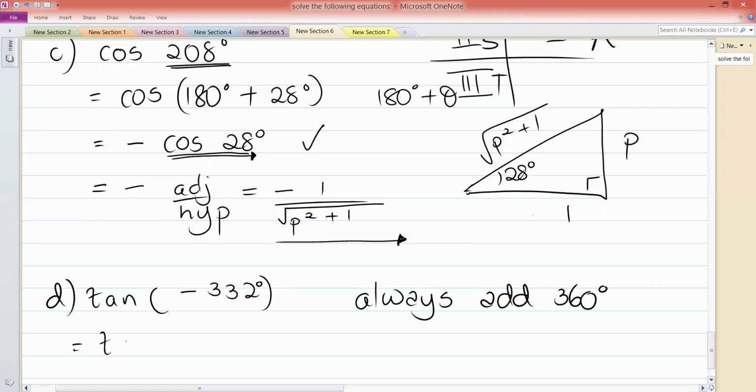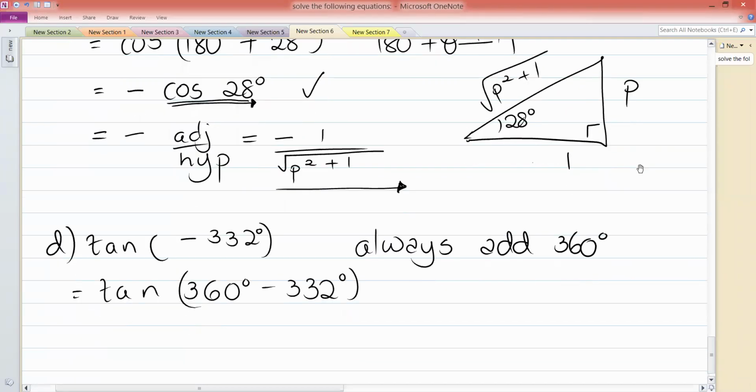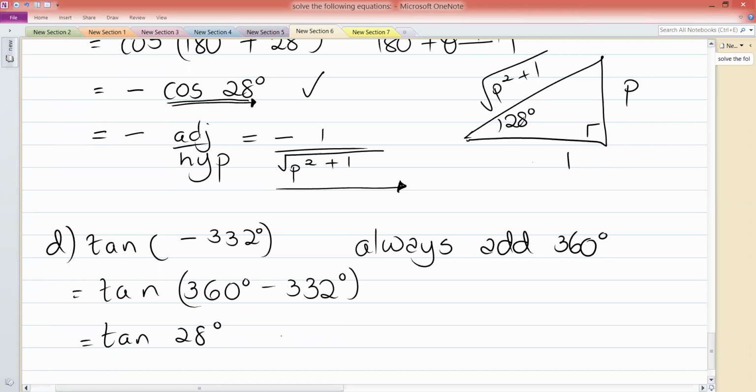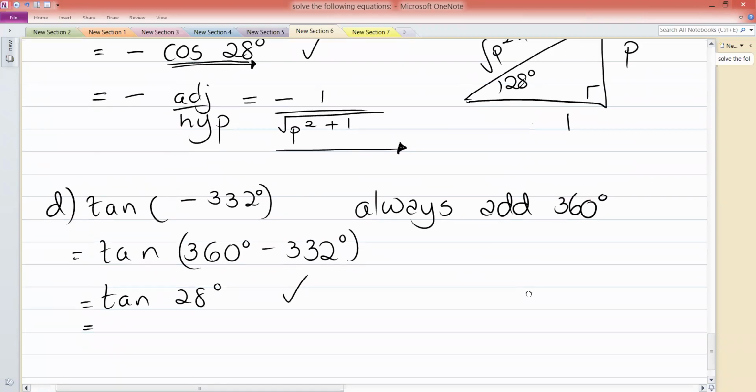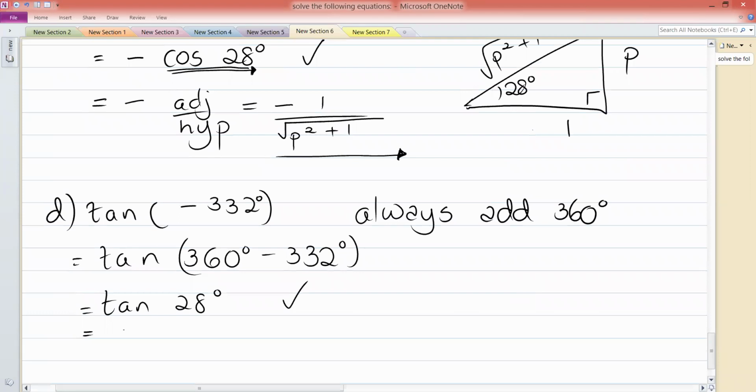So let's add 360 here. So 360 minus 332, this is tan 28. So for this reduction, you get a mark. So tan 28, which is what we had at the beginning, is equal to P.